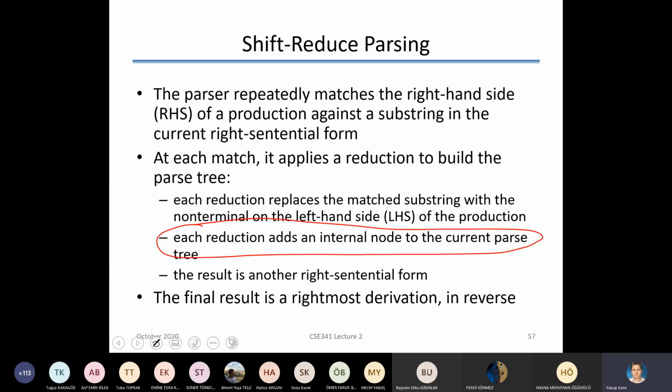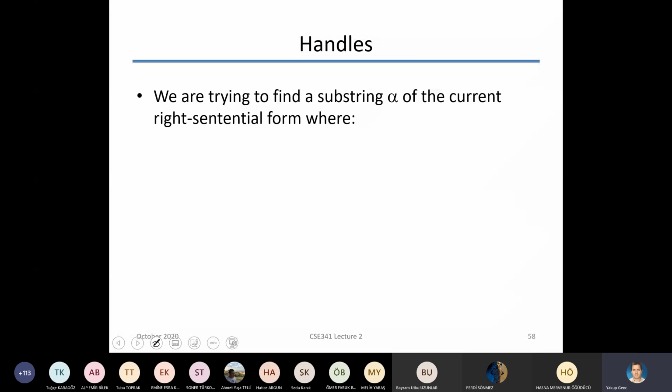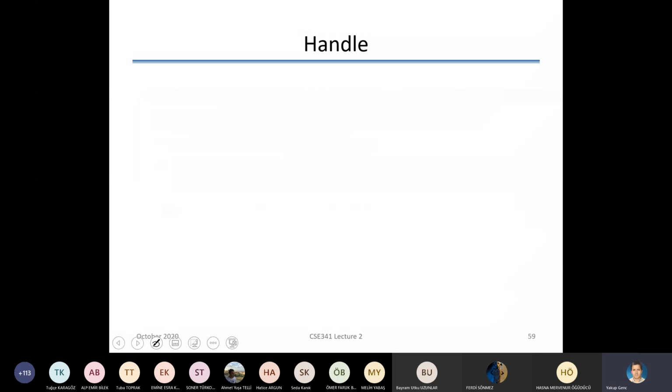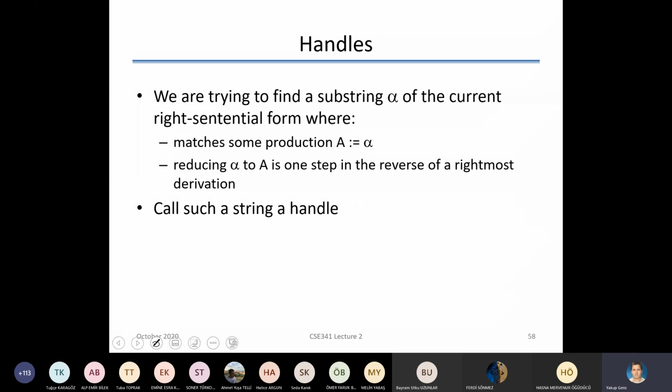So what is this handle that we discussed? What we are trying to do is find some substring on the current sentential form, where this substring is part of the right-hand side of a production rule.